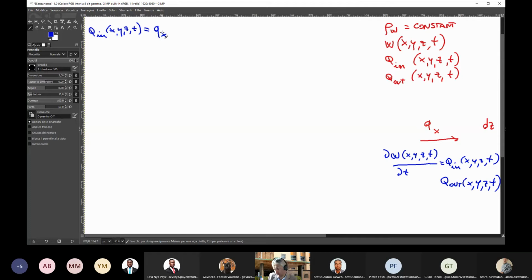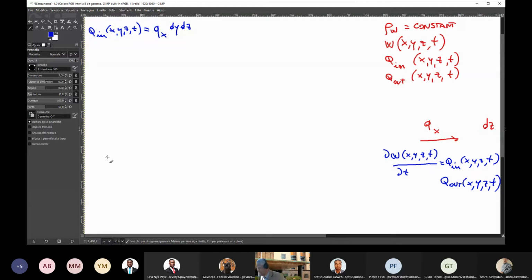So what is lowercase qx? As I said, it's the specific flow of water in the x direction. Specific means flow per unit area. So to get the total flow, I have to multiply by the area of the surface that I'm considering, so dy dz, okay? So lowercase qx times dy dz is the flow in the x direction.